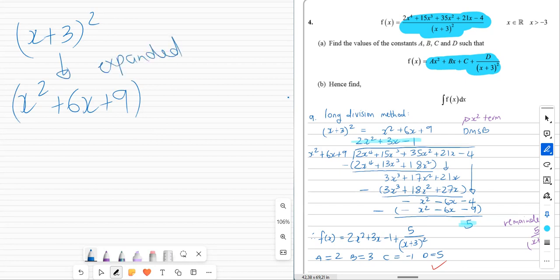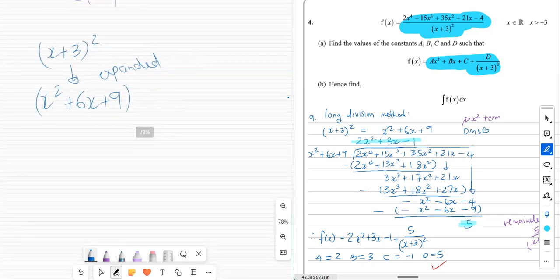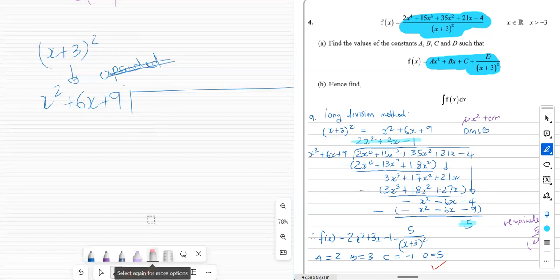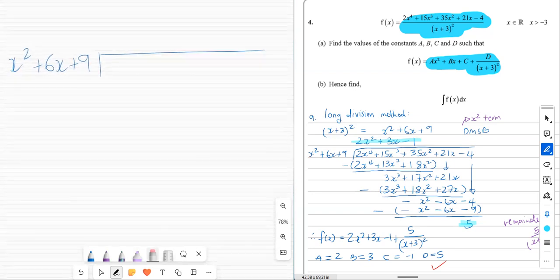Okay, so once you've expanded, you know what you need in order to do the division. So that goes on the outside. That's what you're dividing by. And then you set up this thing. Okay. Oopsie. So you're dividing by that each time.